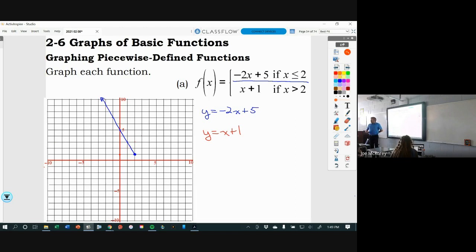But that's not what this line is. That's only as soon as we pass 2. So if we started here at 1, up 1 over 1, up 1 over 1, this graph is going to start as soon as we pass that point. From there, that line exists.